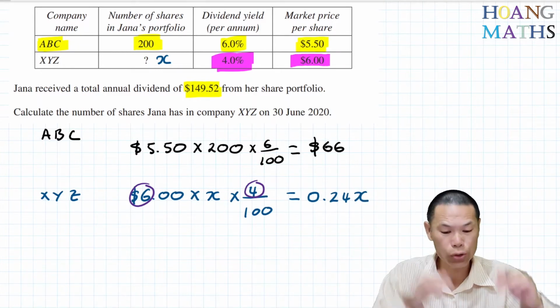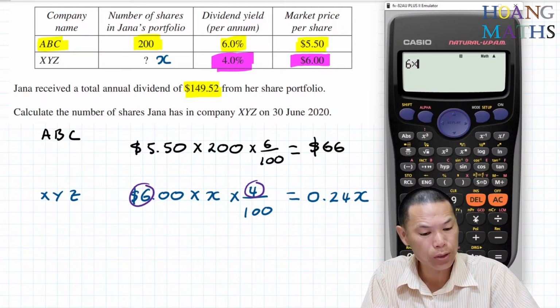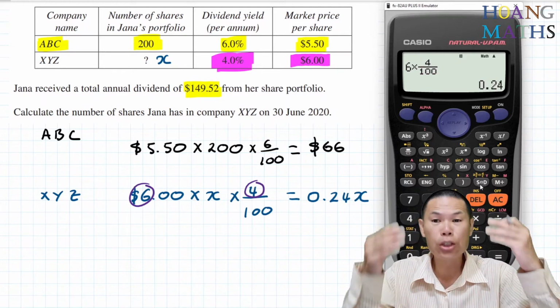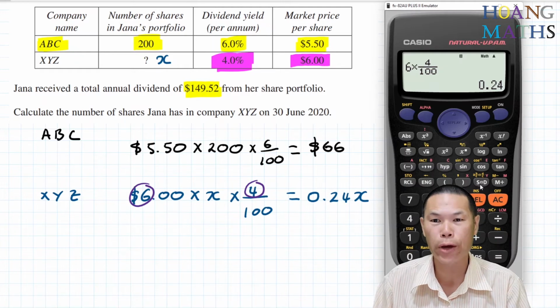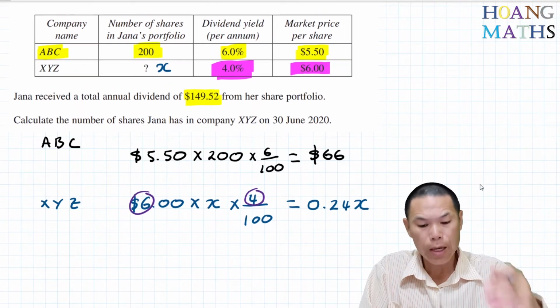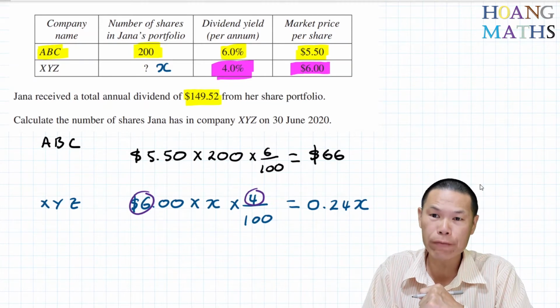Otherwise, you can just use a calculator. You go 6 times 4%, that gives 0.24, and times X, that gives me 0.24X. We know that the total payout is $149.52.